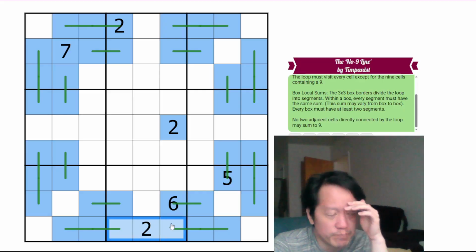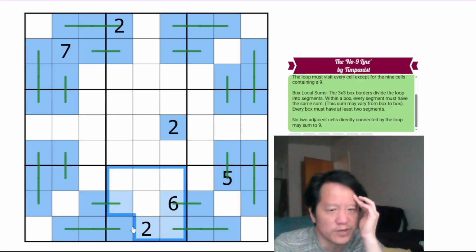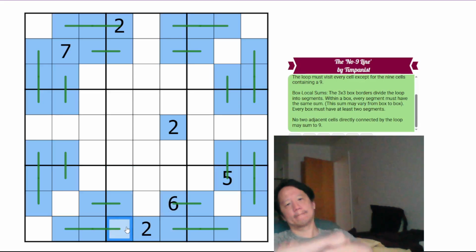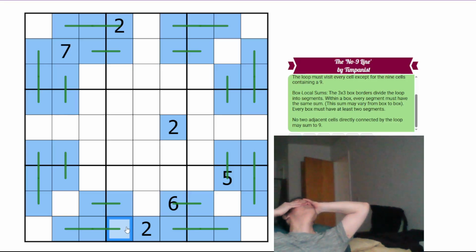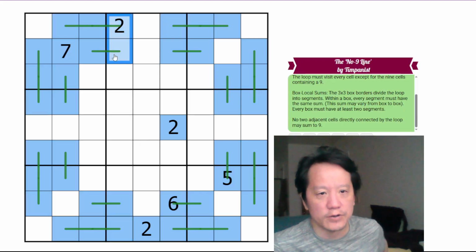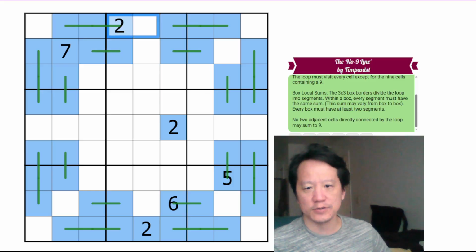If it connects to both, then I think this has to be divided into sets of 3, right? Oh, this cannot go this way, because if it goes this way, then this is just going to continue here. So this has to go that way. Interesting. So then this is blue guaranteed 2.